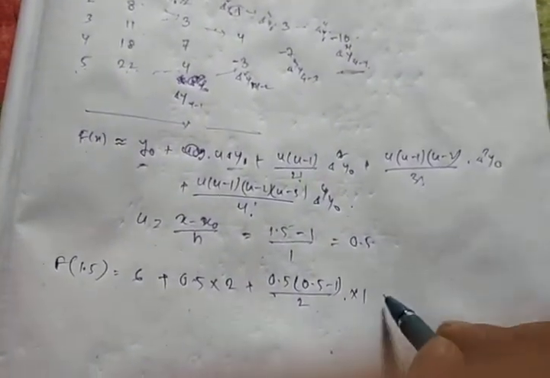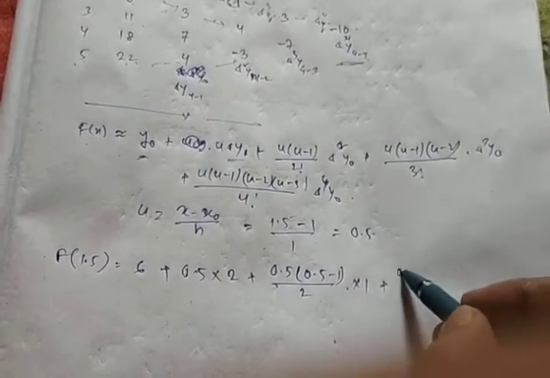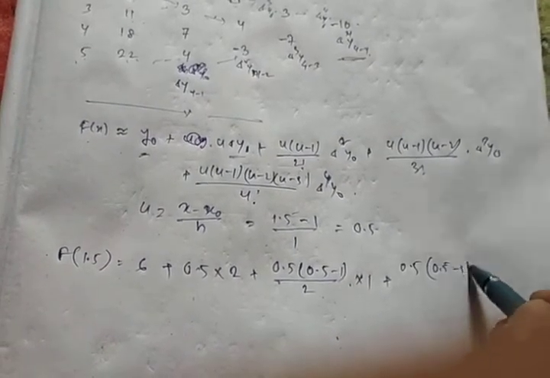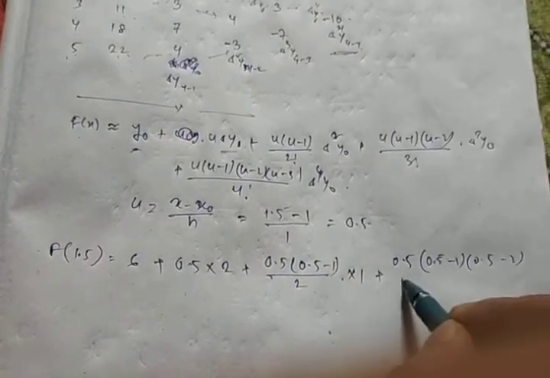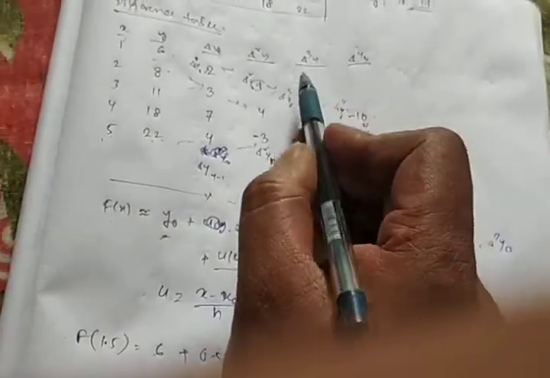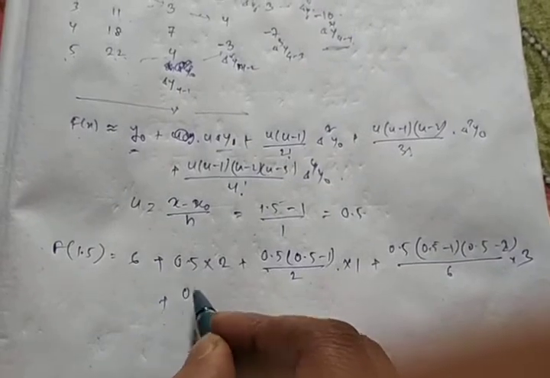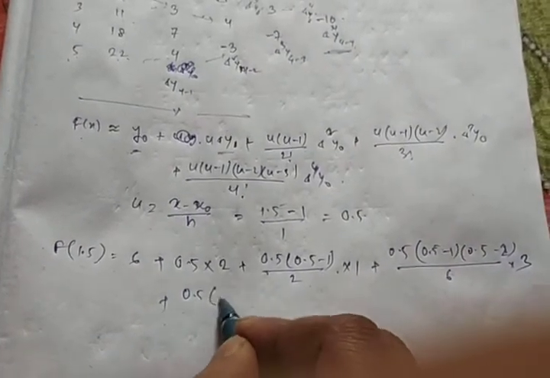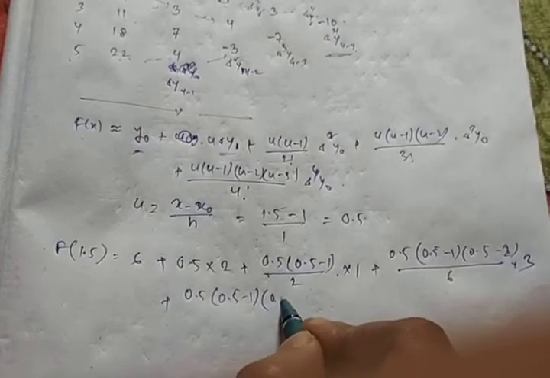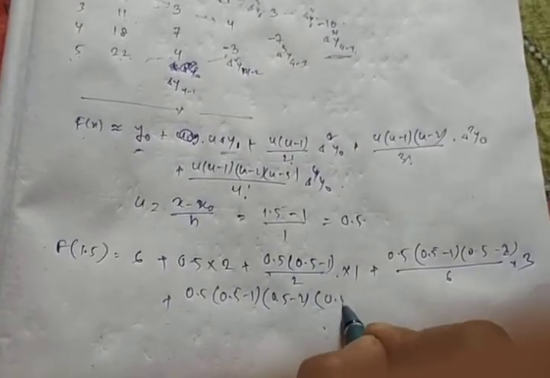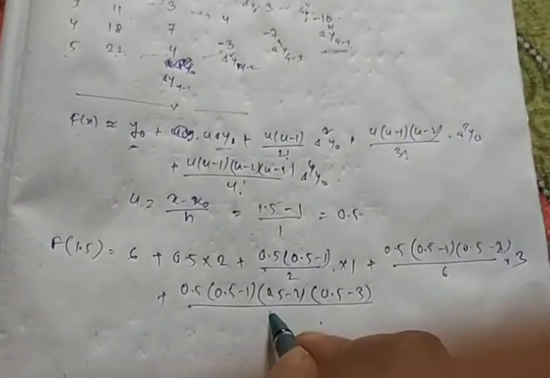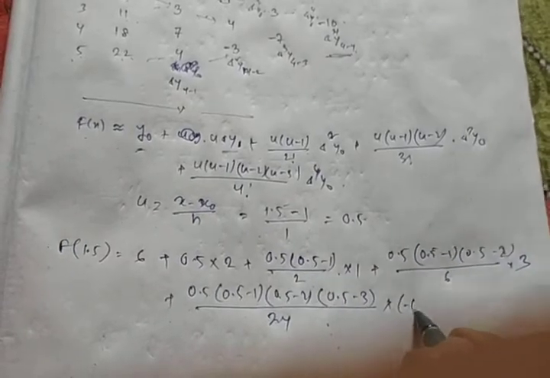Into 1, plus u(u minus 1). This will be 0.5 minus 1, 0.5 minus 2, divided by 3 factorial, which means 6, into delta cube y0. Delta cube y0 is 3, plus 0.5 into 0.5 minus 1 into 0.5 minus 2 into 0.5 minus 3 divided by 4 factorial. 4 factorial means 24, into minus 10. Delta to the power 4 y0 is minus 10. Okay.